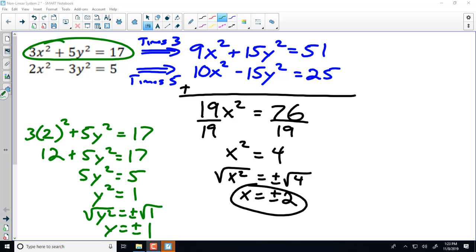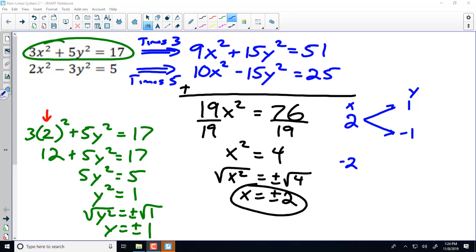Now here is the sneaky part about this problem. When I plugged in that positive 2 right up here, the first thing I did was square it. So if I plugged in a negative 2, I would have gotten the same answer of y equals plus or minus 1. That means if you plug in a 2 for x, you get y is either 1 or negative 1.